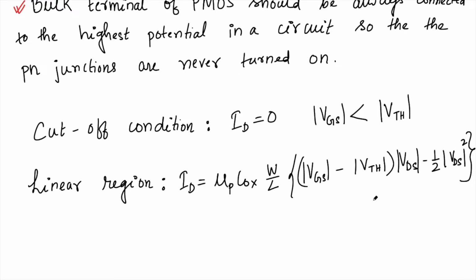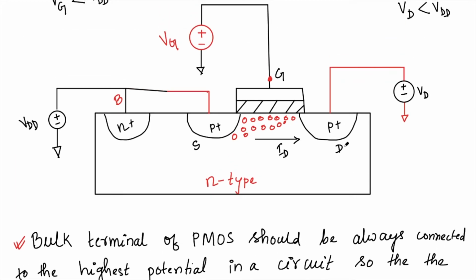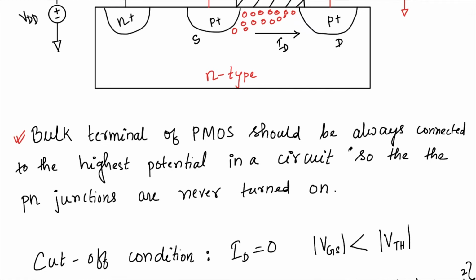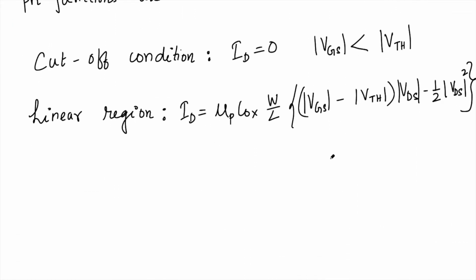Note that in this case the VDS is also negative, between D and S, because S is at higher potential compared to the drain. So we need to take the mod again in this case. All the equations are valid only if we take the mod.